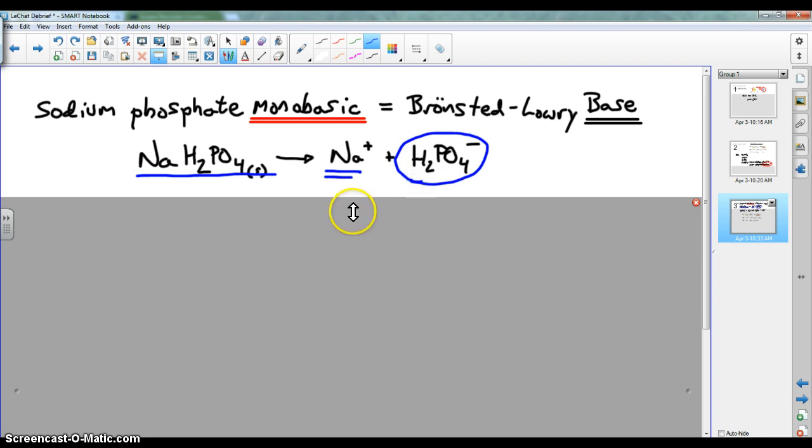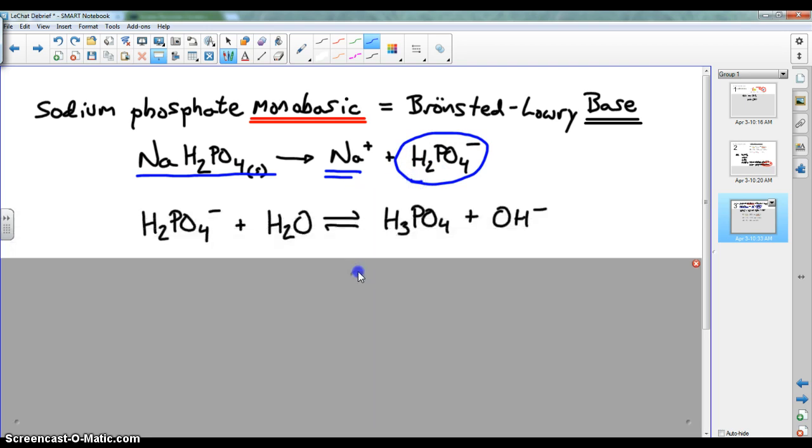This is a Bronsted-Lowry base, and it does this when it's surrounded by water, which of course it is. Look, we go from H2PO4- to H3PO4 in solution. And in the process, and here's the cool part, it splits water. It absorbs that hydrogen from water, and what does it leave behind? OH- in solution, and therefore it acts as a base.